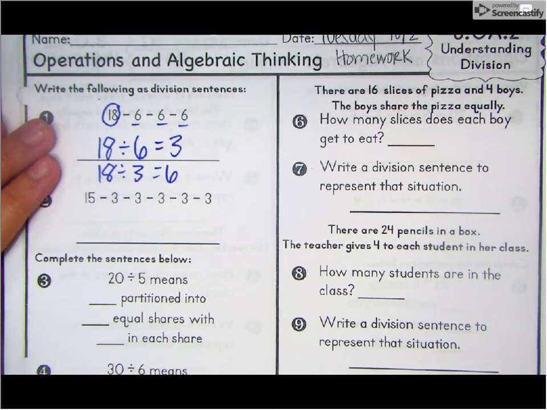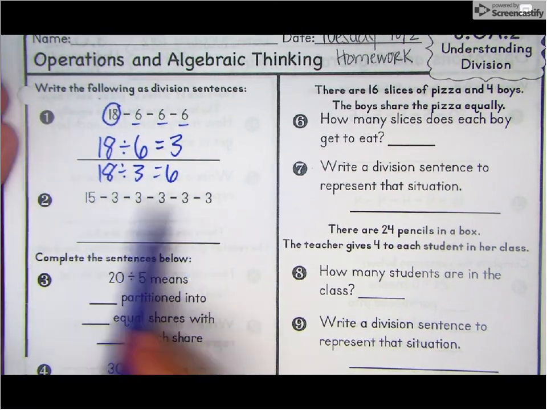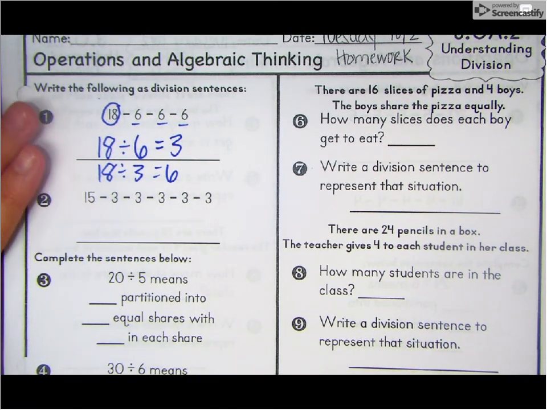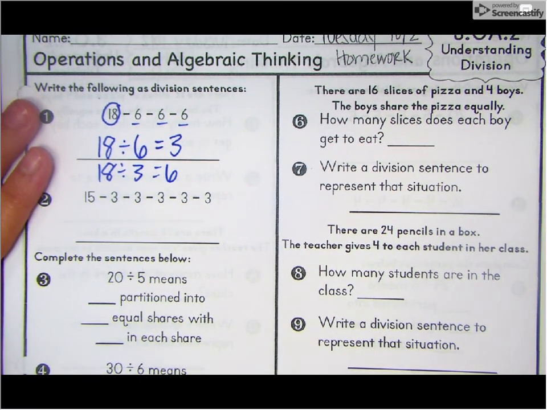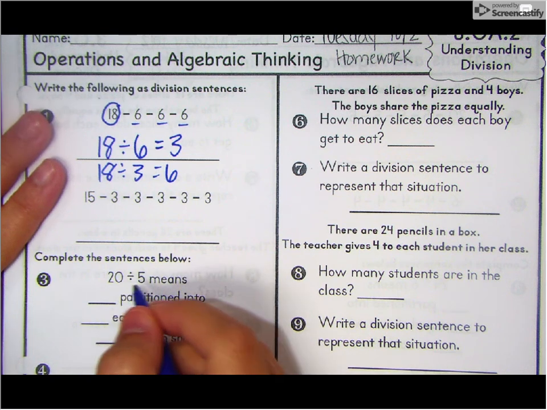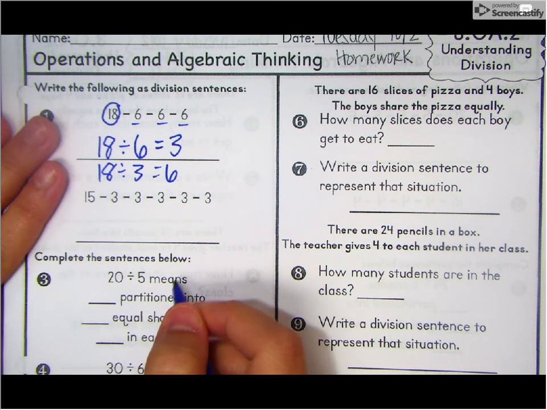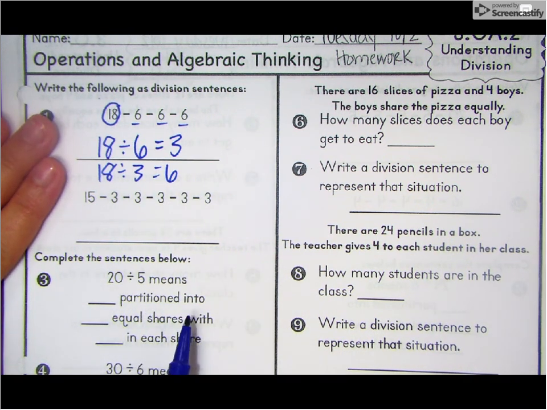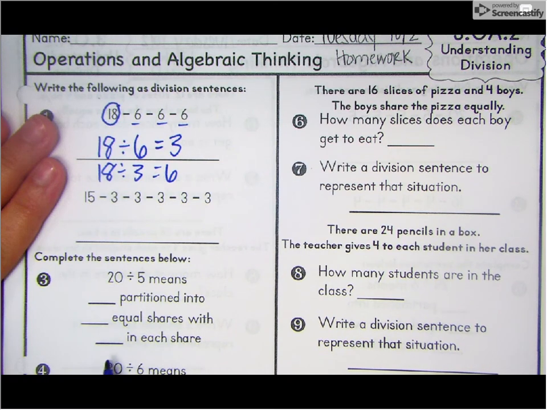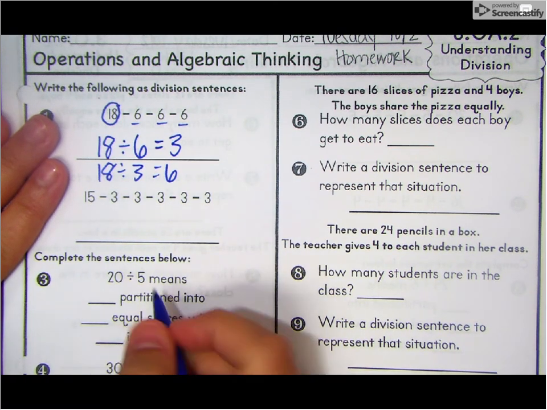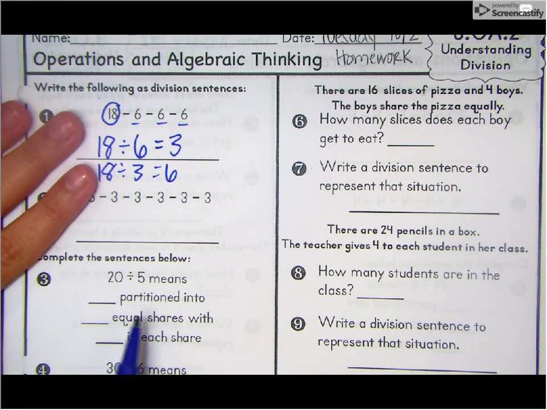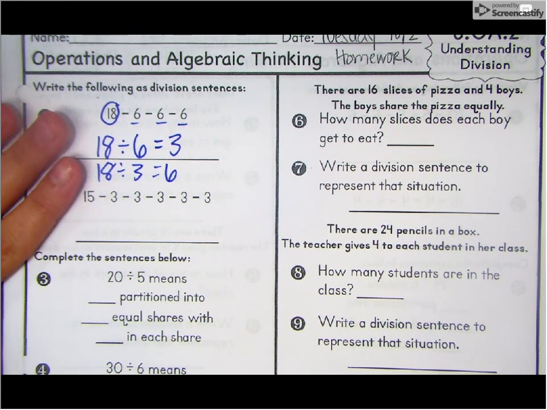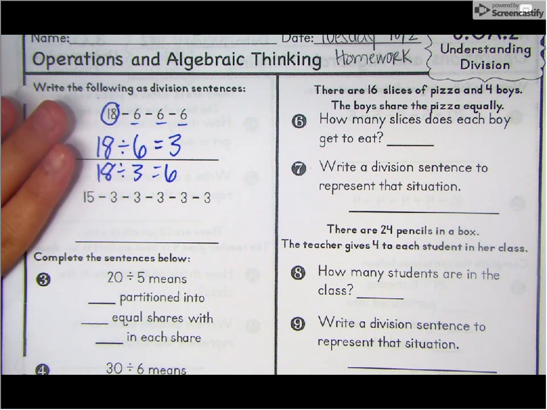Number 2, this one you do the exact same way. Moving on to number 3, it says complete the sentences below. 20 divided by 5 means blank partitioned into blank equal shares with blank in each share. So we talked today about partitioned, and that just means divided or split into equal shares with how many in each share.